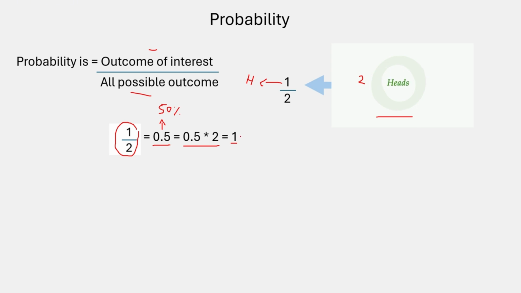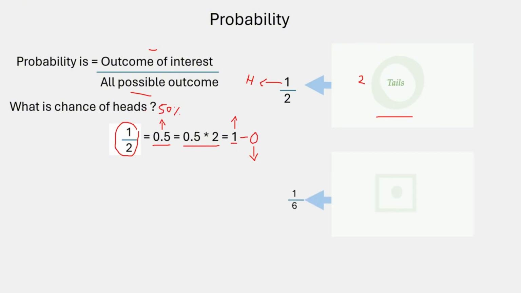So probability is always between 0 and 1. Probability cannot go above 1 and cannot go below 0. The event either occurs or does not occur. So there is no negative probability or probability above one or infinity. We always have to keep the probability in this range.